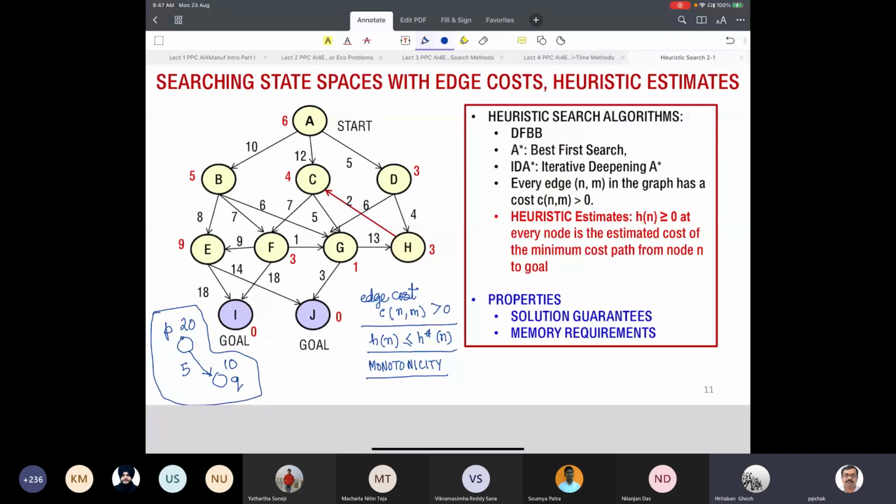So 15. The rest of the cost will be at least, it's saying that it will be greater than or equal to 5 plus 10, but node P says that it will be greater than or equal to 20. So 20 has become an overestimate here. No. I have told you that all estimates are underestimates. So when I'm at P, I'm saying that the rest of the cost will be greater than or equal to 20.